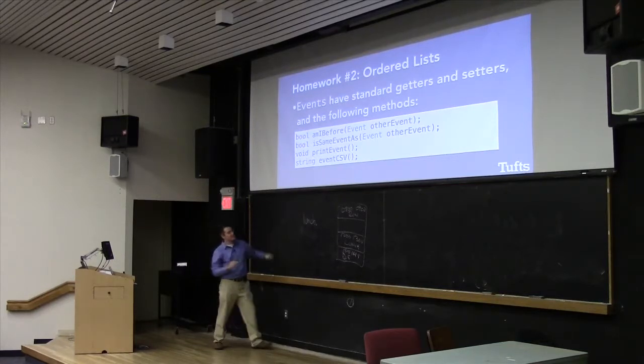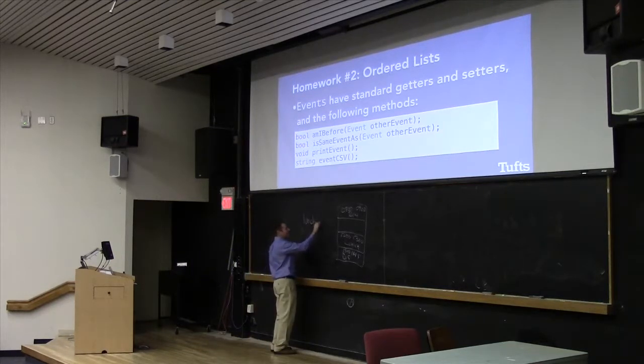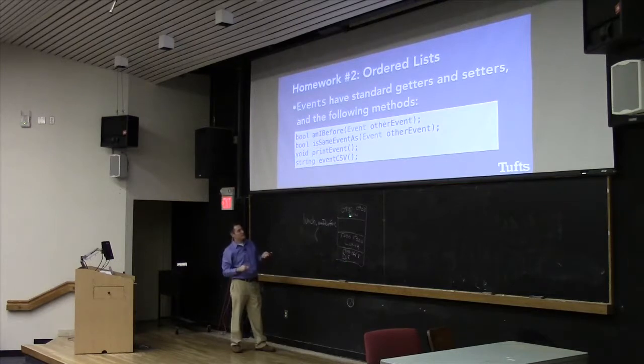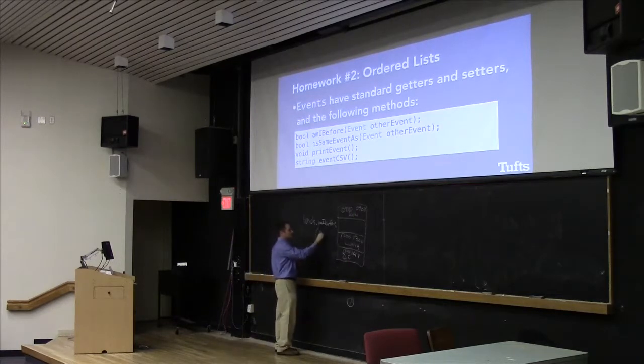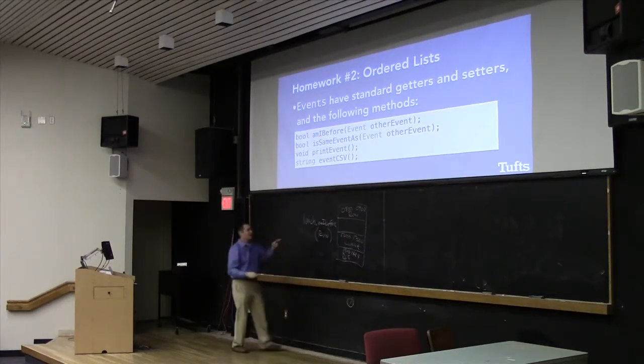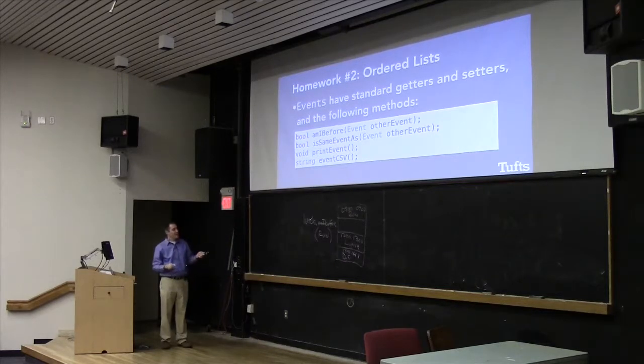If you say lunch dot am I before, and then in parentheses you put, say, run, because that's another event. Lunch am I before run would be false, because lunch is not before the run. It's the lunch am I before the other event.